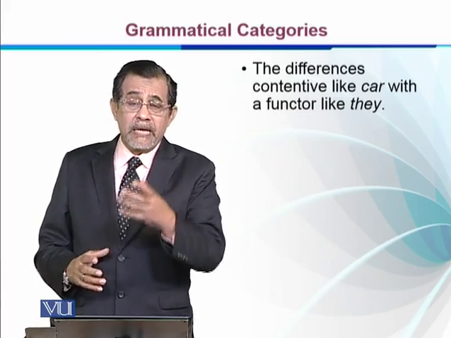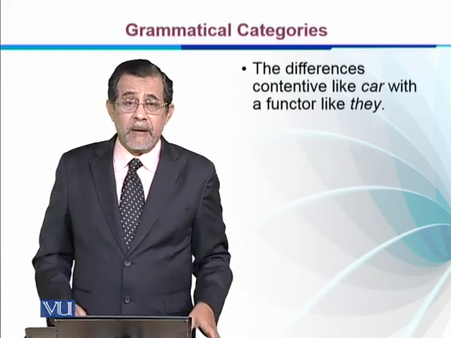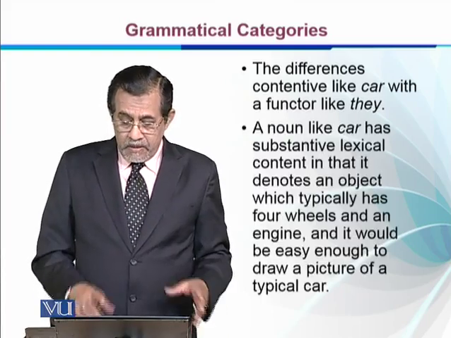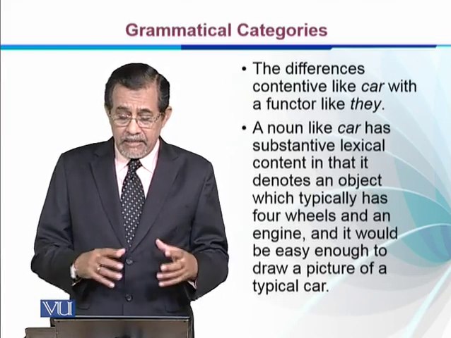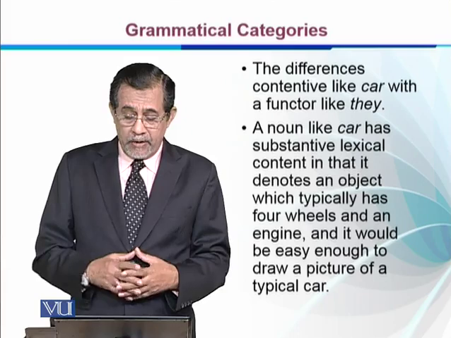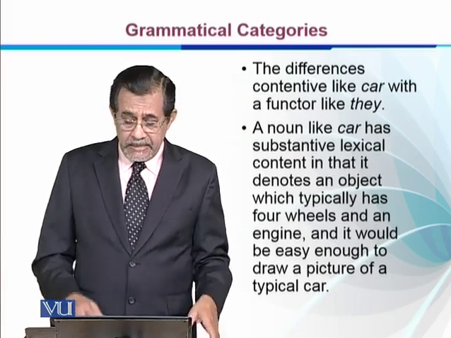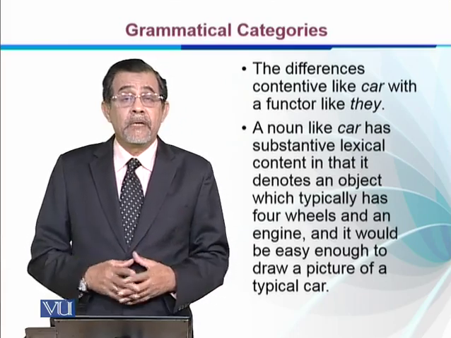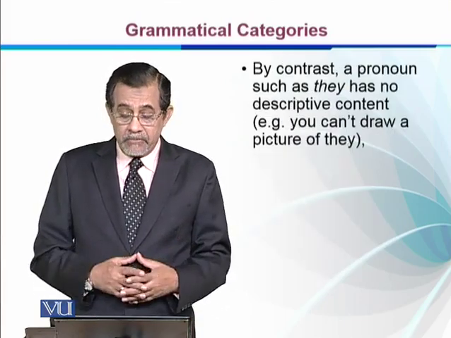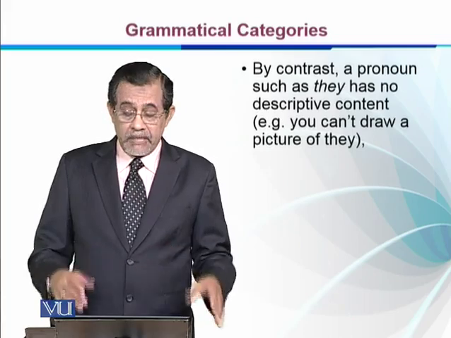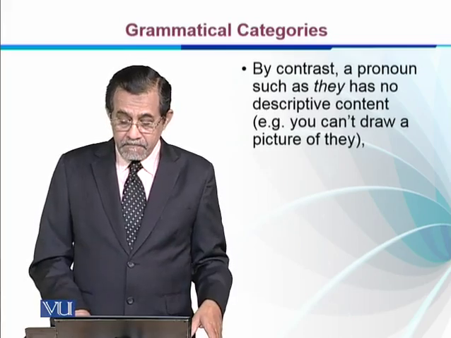However, we cannot describe a pronoun. A noun like car has substantive lexical content in that it denotes an object which typically can be described, whereas a pronoun cannot. By contrast, a pronoun has no descriptive content.